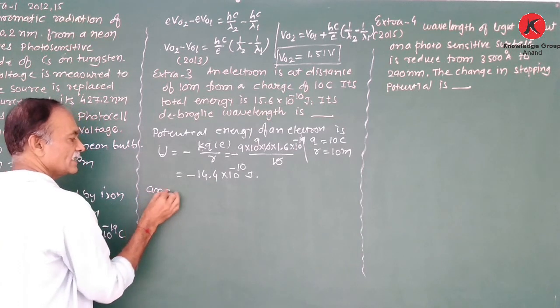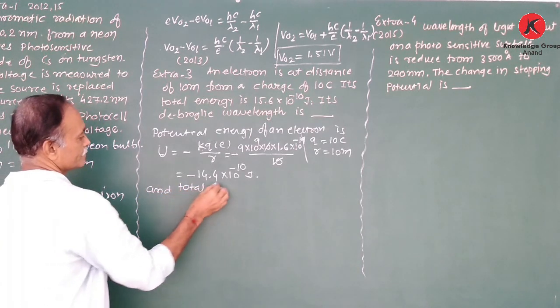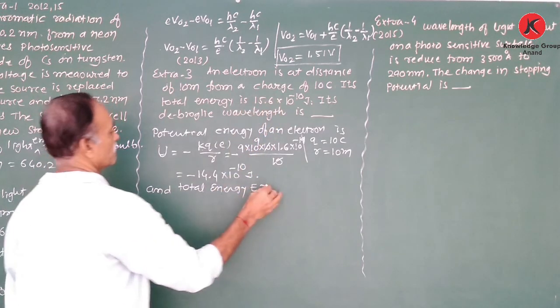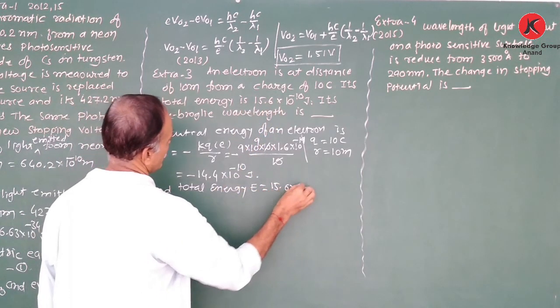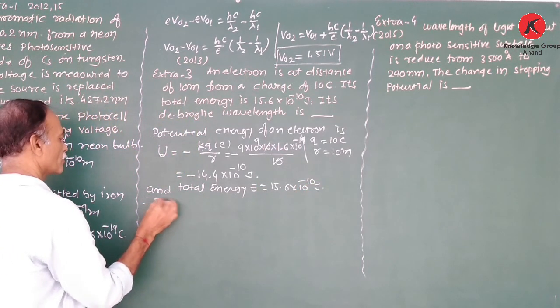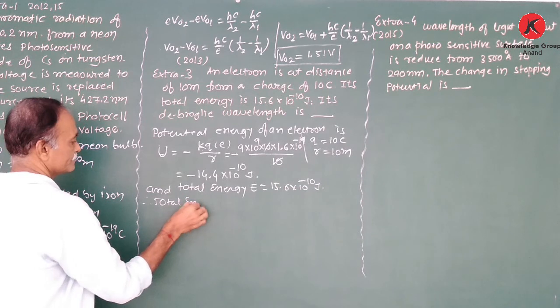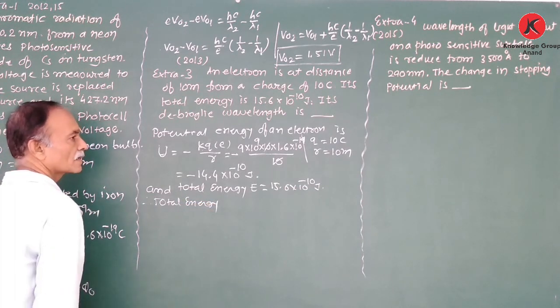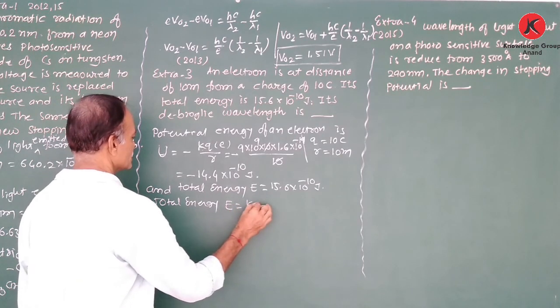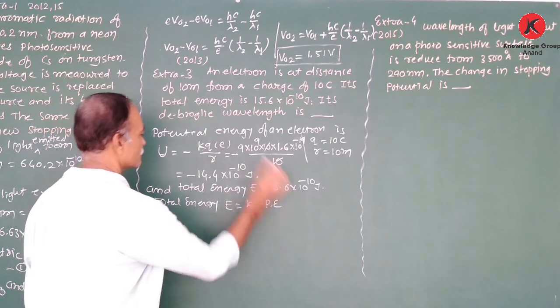And total energy E is given as 15.6 into 10 is to minus 10 joule. Therefore, total energy E is equal to kinetic energy plus potential energy.